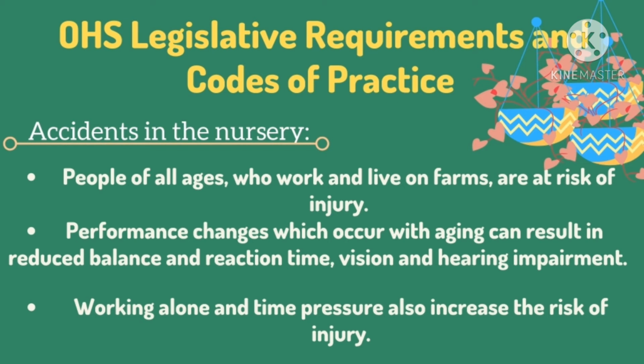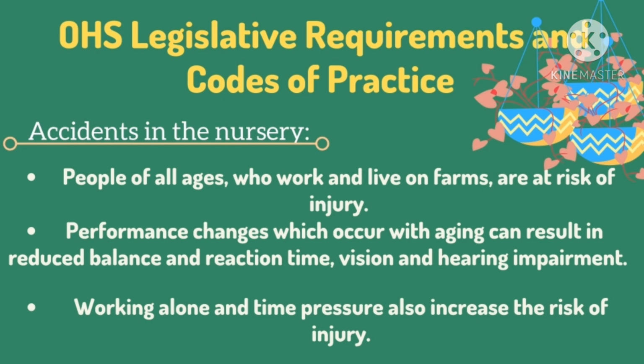Young, inexperienced workers are at greater risk for injuries than older, experienced workers. Next, performance changes which occur with aging can result in reduced balance and reaction time, vision, and hearing impairment. These and other changes affect the aging farmer's ability to work safely.